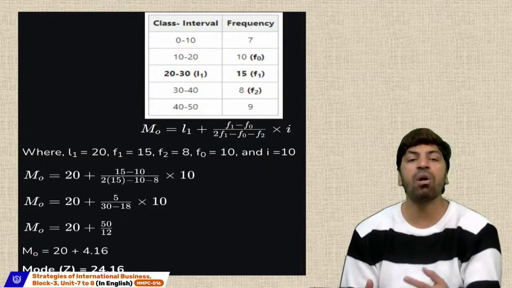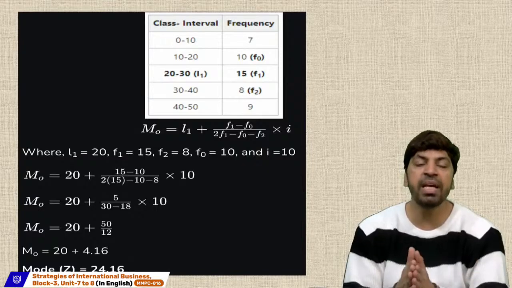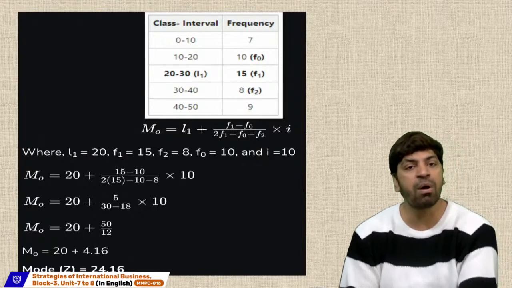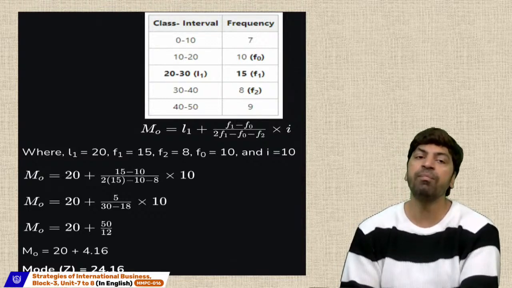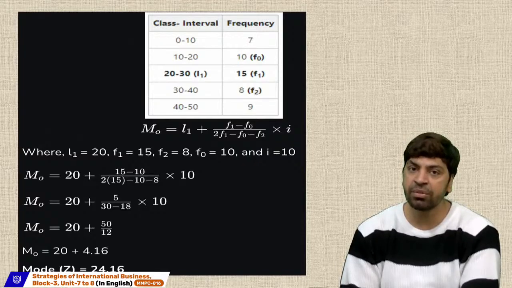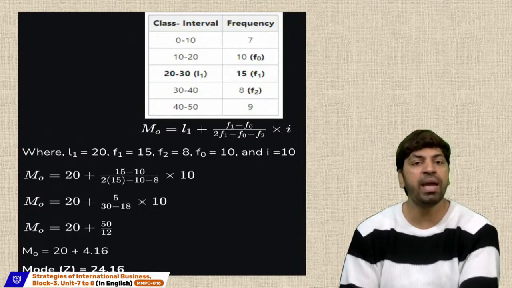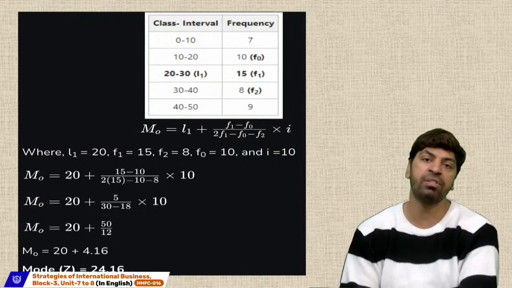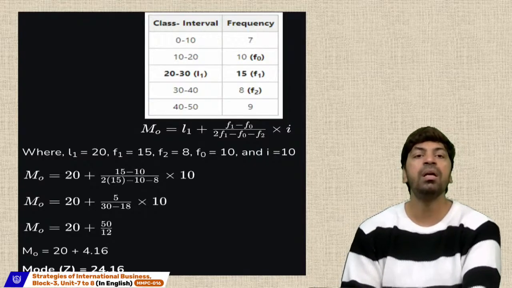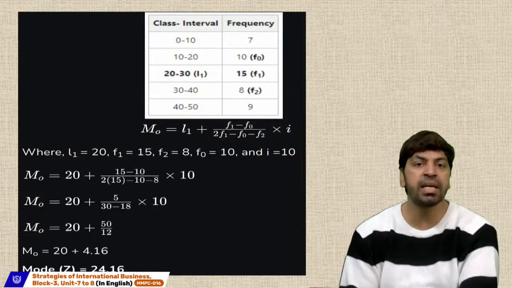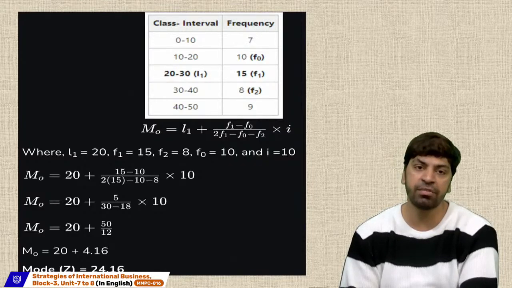Once we have estimated all the values, we just put the values into the formula: mode equals lower limit plus (F1 minus F0) by (2F1 minus F0 minus F2) into i. So 20 plus (15 minus 10) by (2 into 15 minus 10 minus 8) into 10.